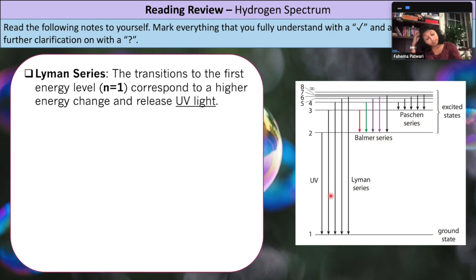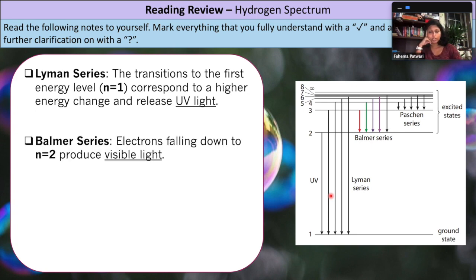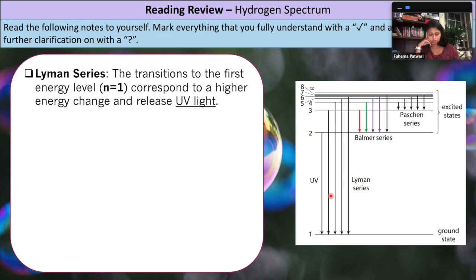So those 3 series that we just looked at, you probably don't need to know the names, but you do need to know what kind of radiation is released by what type of energy level change. So any energy level change in hydrogen that ends up at the first level is going to release UV light, right? Any drop to 1 releases UV. That's the Lyman series. You don't necessarily need to know them.